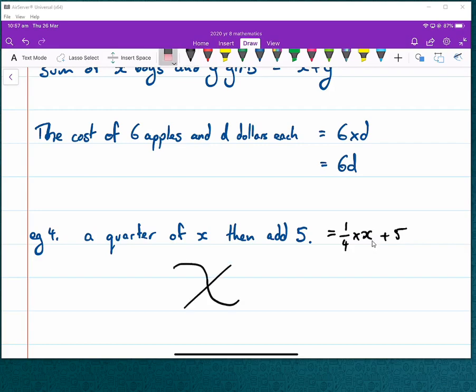Lots of people do them differently, but how we often would write this algebraically is x over 4 for a quarter of x and then plus 5. You could write it as just 1/4 x without the times there, and you wouldn't lose marks. However, this is how we would normally see that expression.